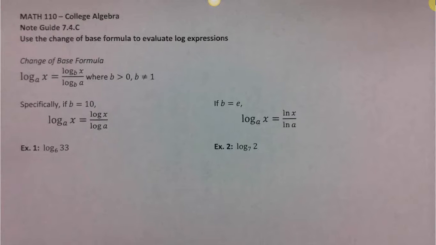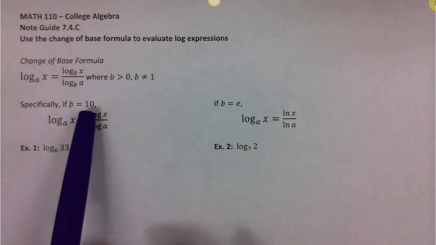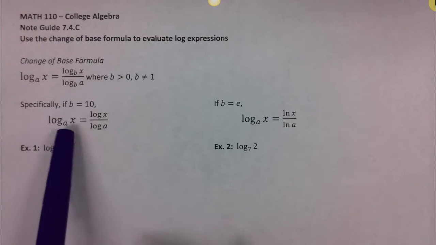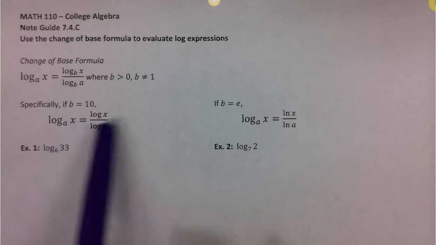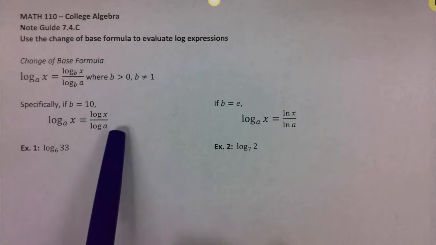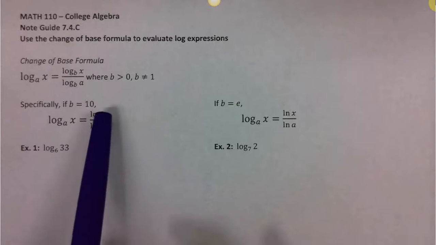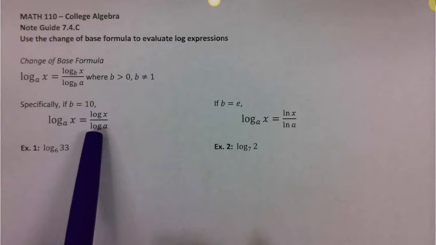So specifically, if we let b equal 10, then what this formula becomes is that the log base a of x is equal to just the log of x divided by the log of a. And we can plug both of these expressions into our calculator since we have that common log button.